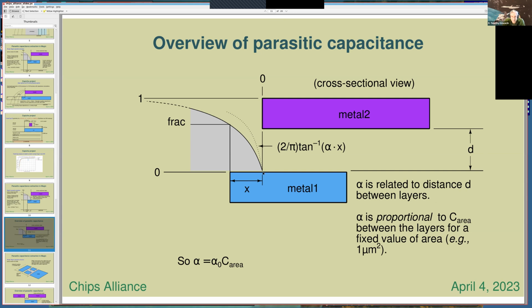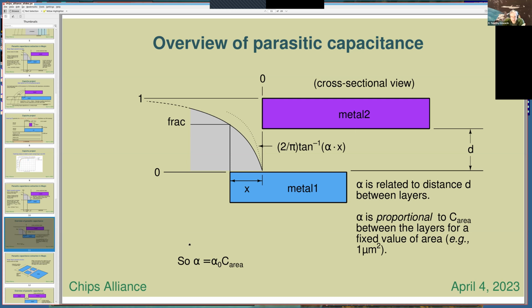Since I'm doing the fraction, I'm getting a dimensionless result. So if I'm going to relate it to an area capacitance, it has to be the area capacitance for a fixed value of area, like 1 micron squared. And I plotted that, and indeed it's exact.